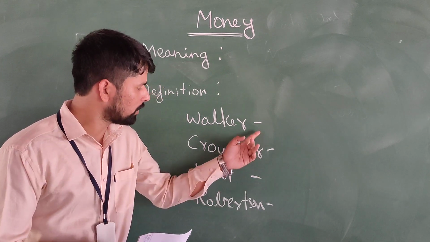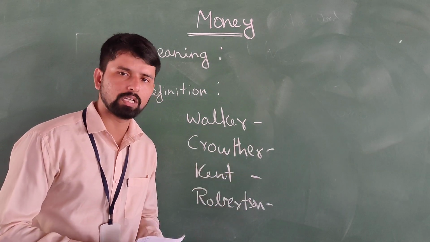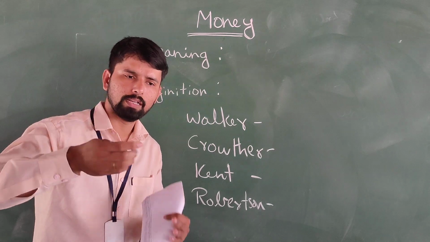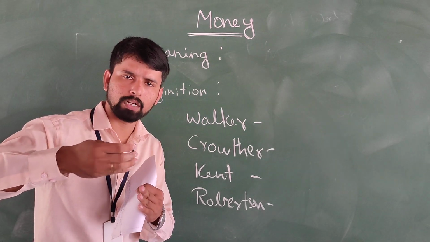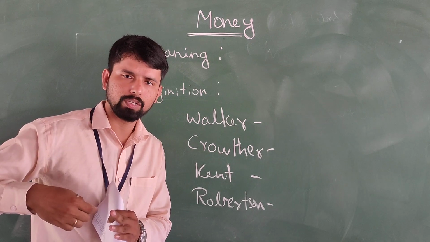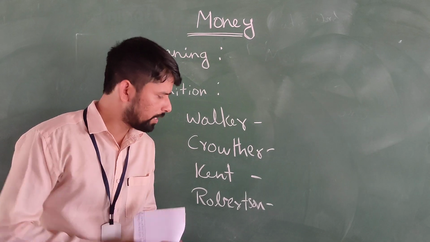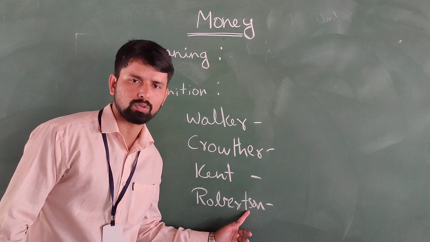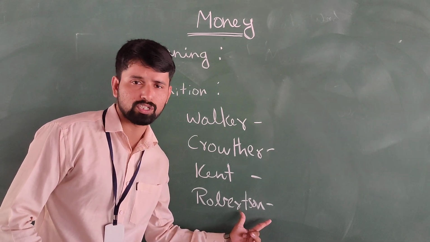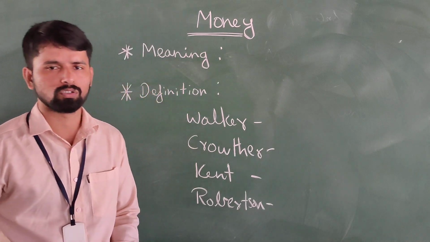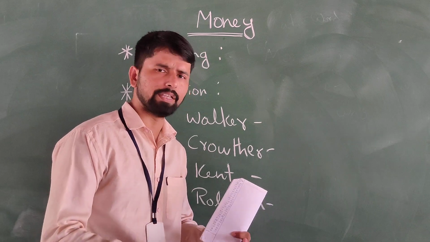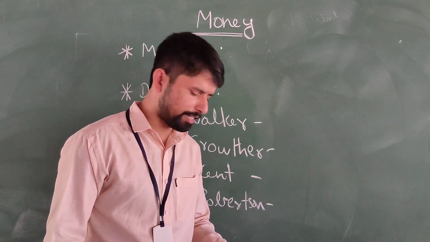Here, the store of value, given by Kent and Crowther, is the storing of money for the long run, which can be converted into investment or capital goods, to meet the business obligations of the people. That is the business obligation term used by Robertson to define money in daily transactions.